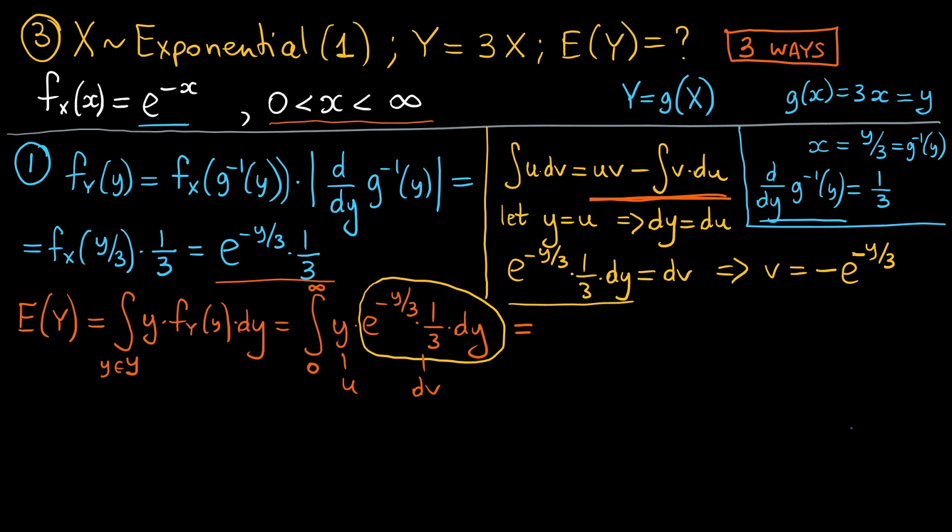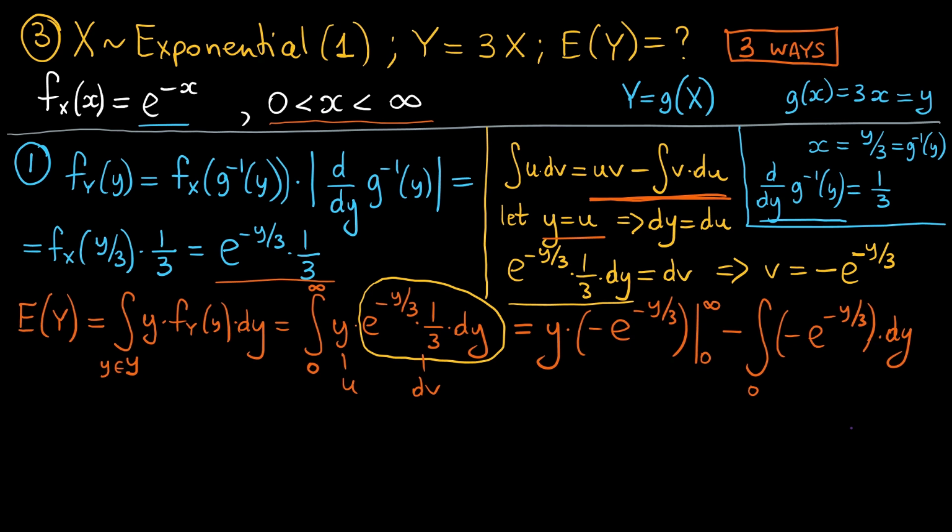So uv will be given by y times minus e to the power minus y over 3 from 0 to infinity, and then minus integral of v, which is minus e to the power minus y over 3, and we need du, which is dy. This goes from 0 to infinity.